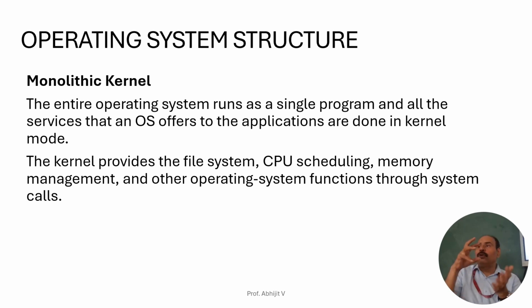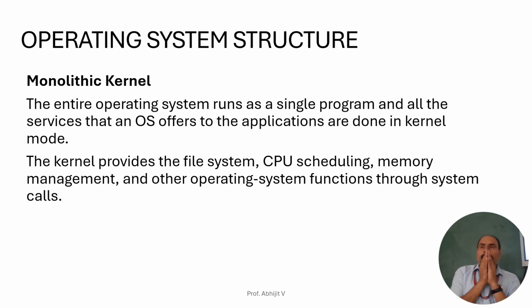Kernel, I told you, is the core of the operating system. The entire system is stored as a single program, and from that one particular program, everything is accessed. This is called a monolithic kernel. Next, we'll be studying microkernels. We have other types also, which we'll study one by one.